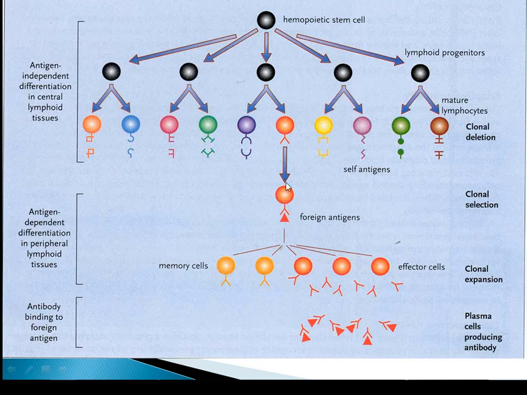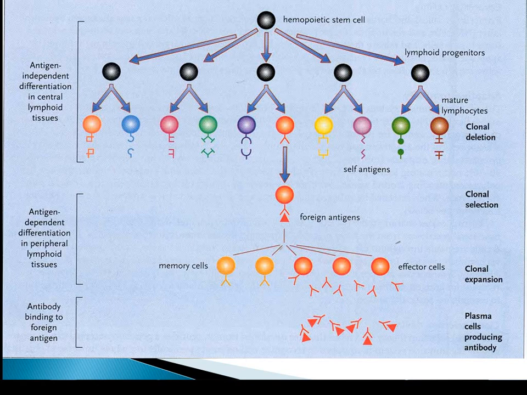And then this one cell will undergo proliferation, and it gives rise to a lot of cells. They will proliferate into effector cells and memory cells. Effector cells will provide the immunological response. If this is a B lymphocyte, it will produce a lot of antibodies, and memory cells will also be formed that will keep memory about that antigen.